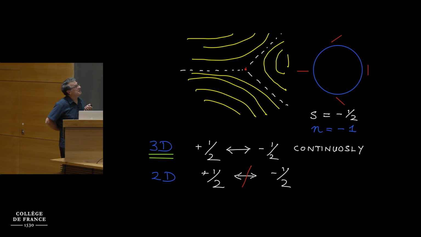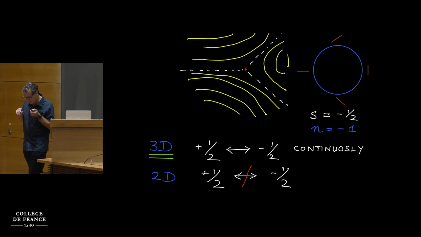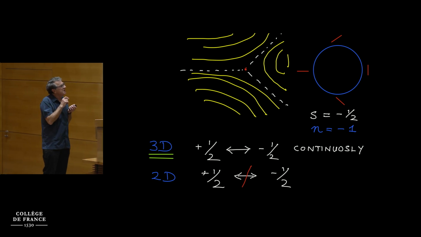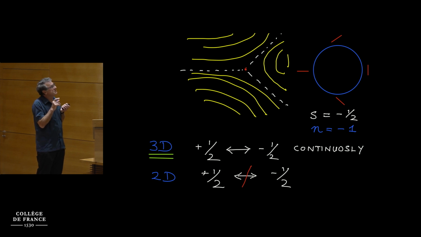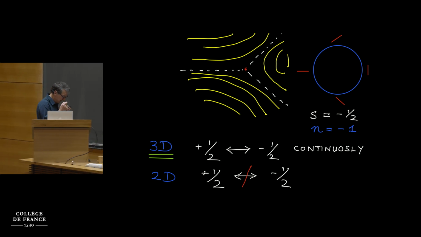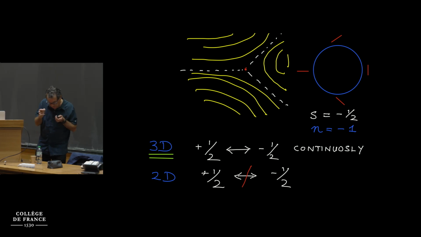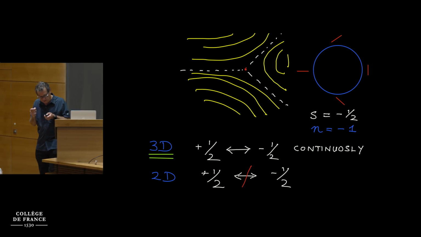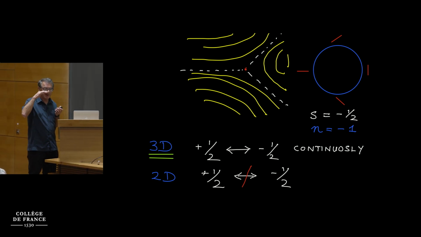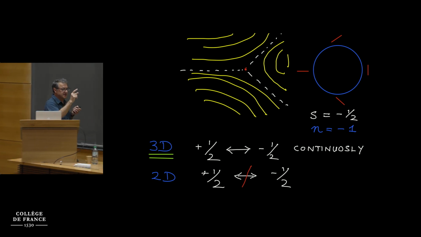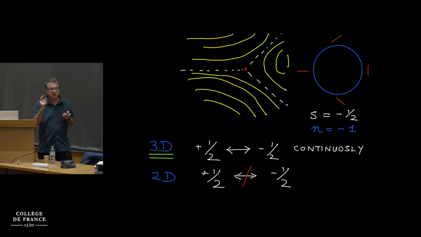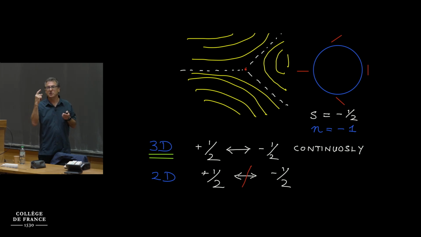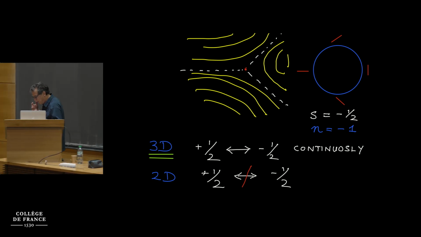Now, think about it. In 3D, let's look at the elementary defect. We have these disclination lines, one non-trivial class, I said the -1. And let's look at the one that has strength 1, that's winding, the next one up.